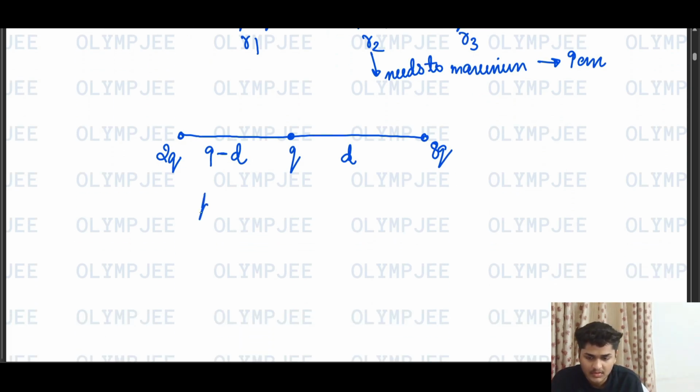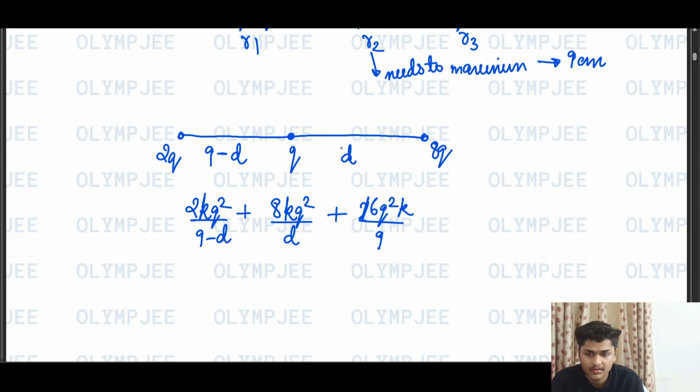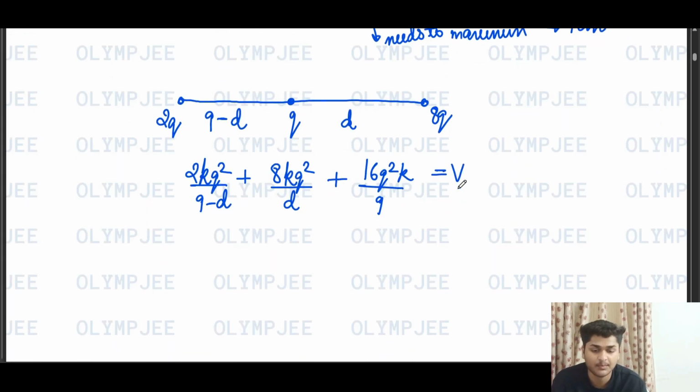So 2KQ square by 9 minus D plus K 8Q square divided by D plus 16Q square divided by 9. This is the potential, and I need to make this minimum.